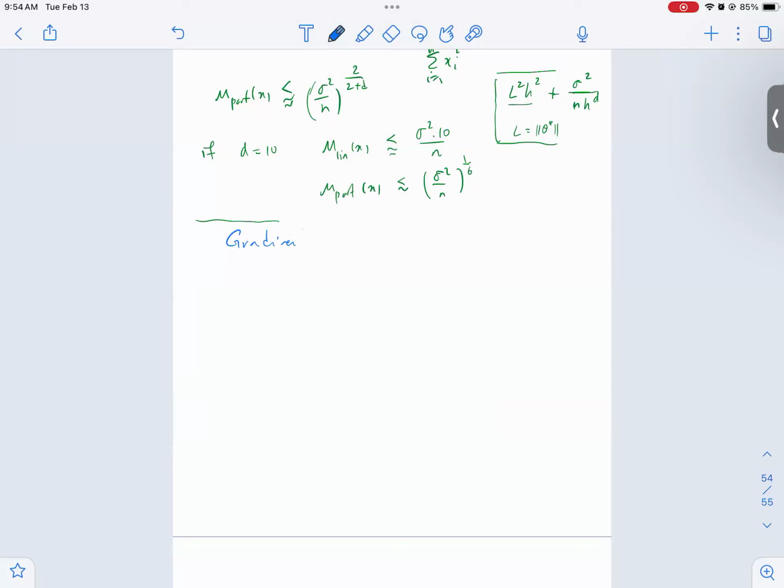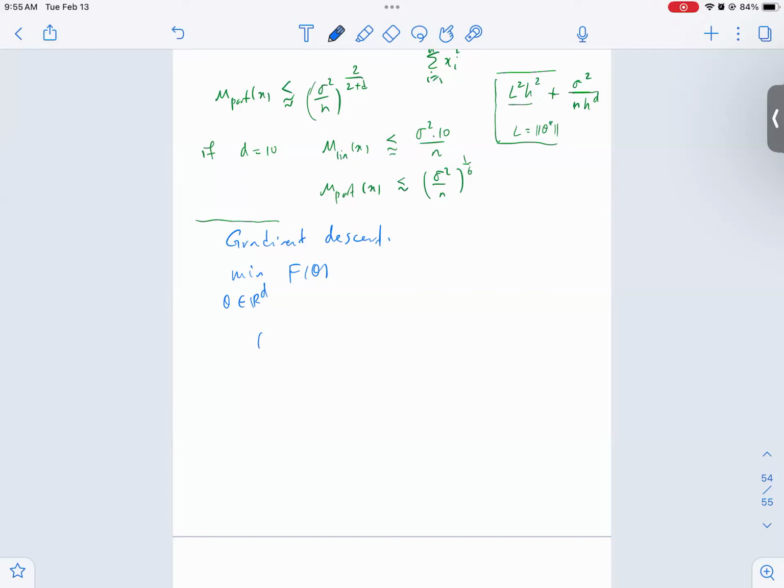So gradient descent. We can do it in 1D, but let's do it more generally. If I want to minimize, let's say, f of theta, with theta in R^d, a nonlinear function, gradient descent does something like this.